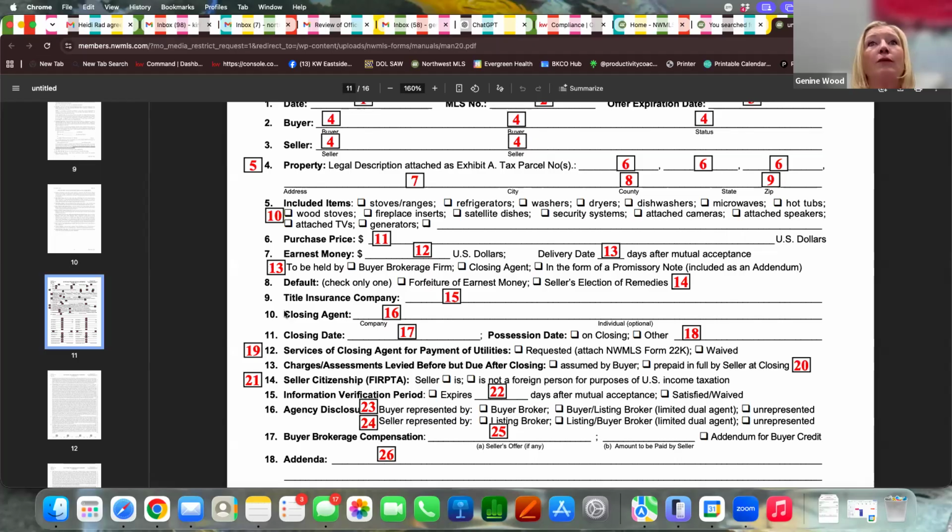Because Form 22K, which is identifying the lienable utilities against a property, not a person, has to be filled out by one or both parties, meaning that one form is going to be filled out, and whoever fills it out, preferably the seller, because the seller's the one who pays the bills. They know what the utilities are. They fill it out in full. But if they don't, it's our responsibility as buyer brokers to fill that out.